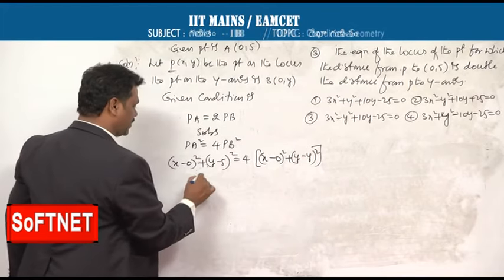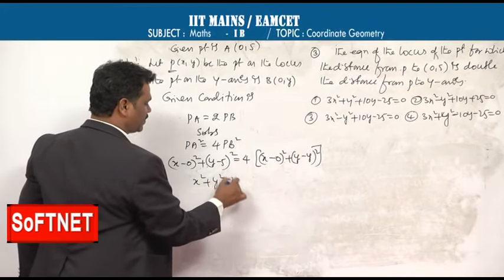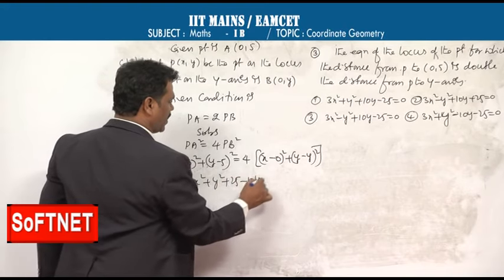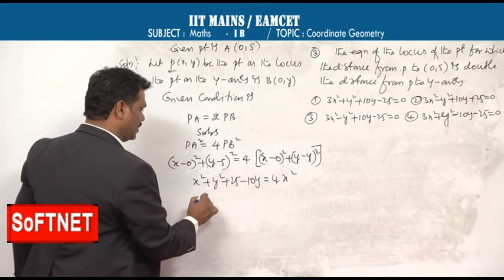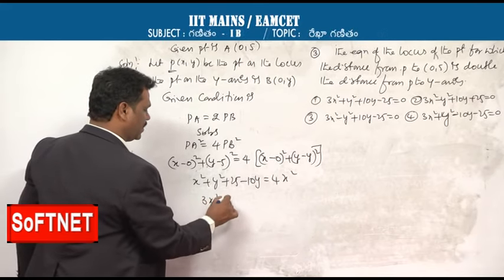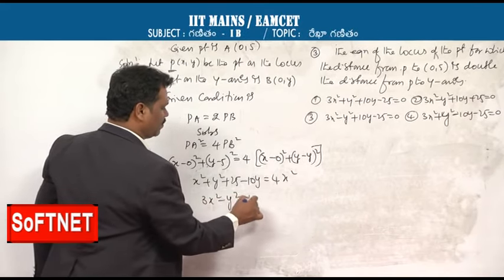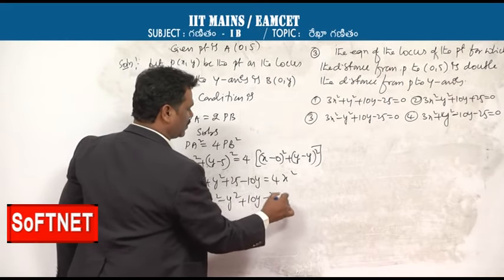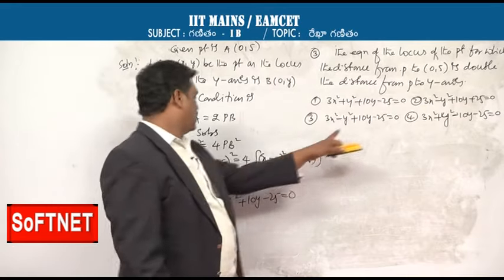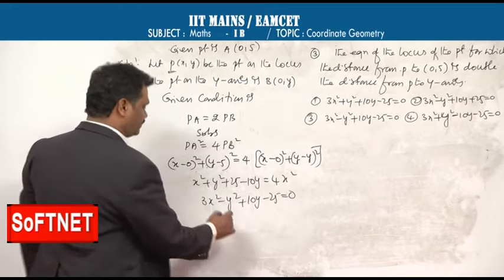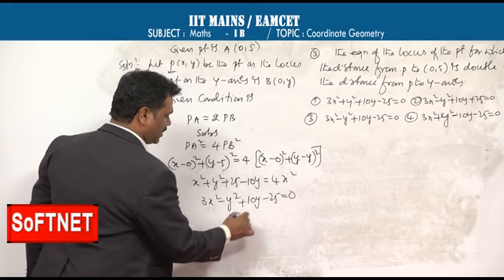So here x square plus y square plus 25 minus 10y equal to 4x square. So we get 3x square minus y square plus 10y minus 25 equal to 0. Which option? 3x square minus y square plus 10y minus 25. The option is 3. The answer is 3.